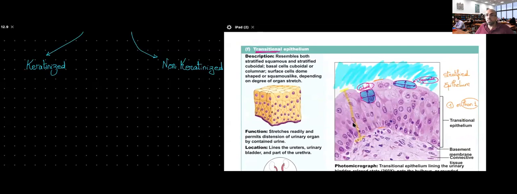And as it allows the stretch to take place, it changes the shape of its apical cells. So we decided to not call it simple or stratified or to use squamous, cuboidal, or columnar to identify it. We decided to call it according to its major characteristic, that it has the ability to change the shape of its cells. So we called it transitional epithelium.